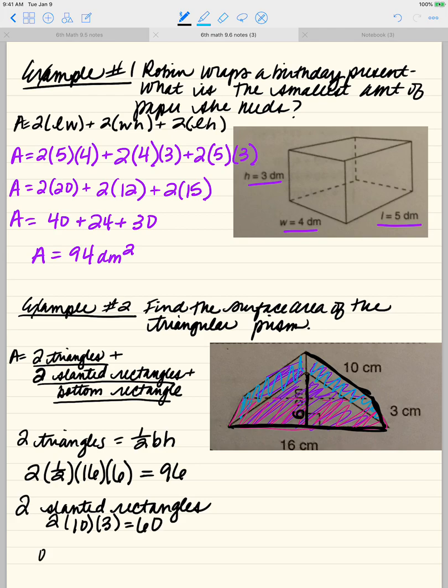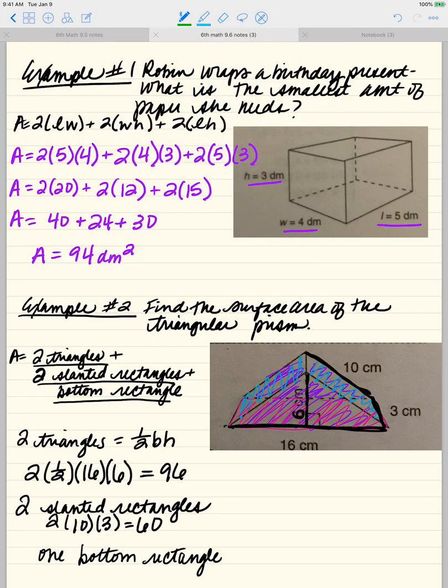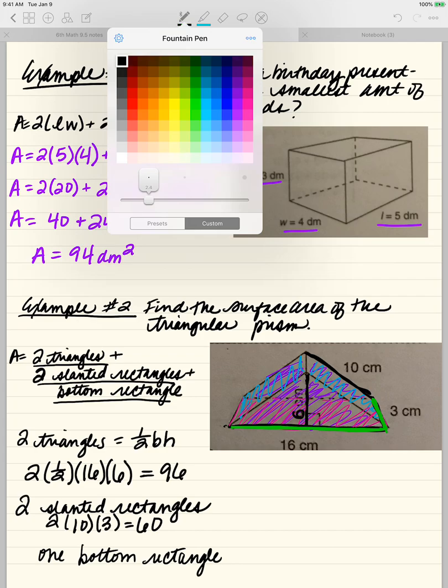Okay, and then we have one bottom rectangle on the bottom of this triangular prism. Let me just change colors so you can see it. That has a length right here of 16 and a width of 3. And there's only one of those, only one.